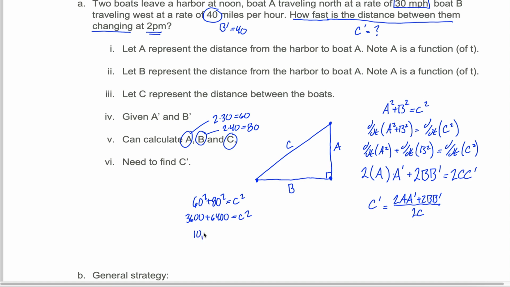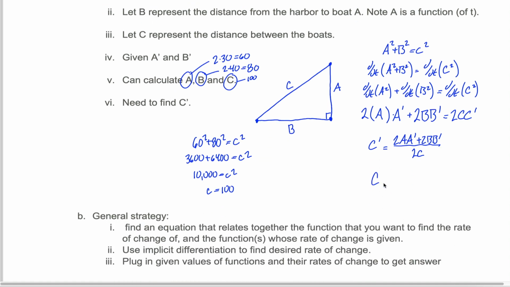So I get 10,000 is equal to C squared, and therefore C is equal to 100 if I take the square root of both sides of the equation and consider the positive solution because I'm talking about lengths here. Now that I know what C is equal to, I have A, B, C, A prime, and B prime. I have everything that I need to figure out C prime, and I can get my answer.